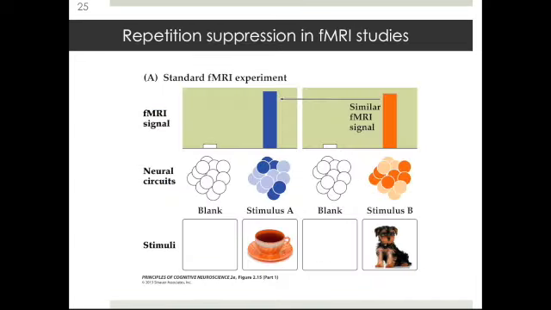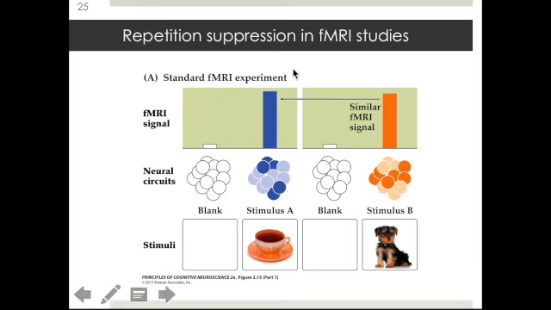Now, to use the block design technique in a more nuanced manner, some researchers have made use of this tendency of the brain to habituate to repeated presentations of the same stimulus, and this is known as repetition suppression.